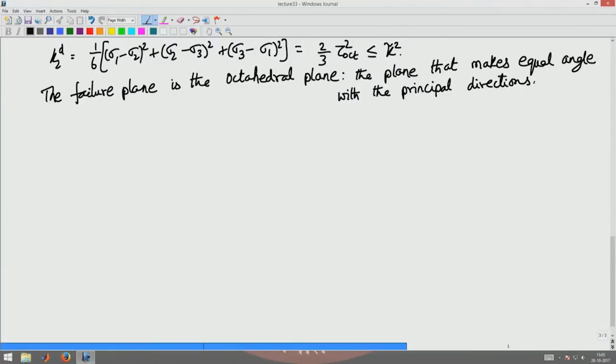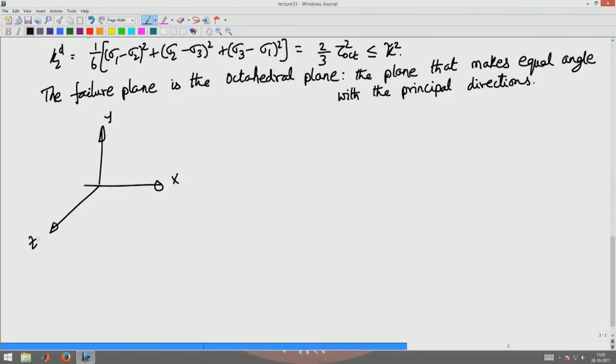Okay. Now, let us see what the octahedral plane is for the uniaxial state of stress. Okay. For the uniaxial state of stress, I know the prescribed coordinate system is the principal direction also, because the state of stress is sigma 0 0, 0 0 0, 0 0 0. I know that my prescribed x, y, z axes to represent the problem are the principal axes.